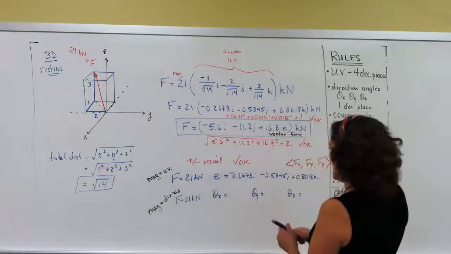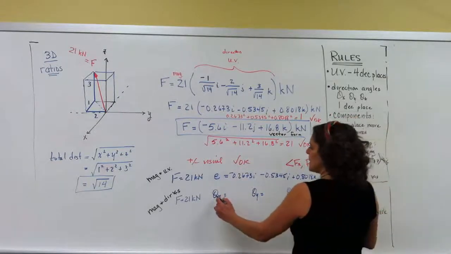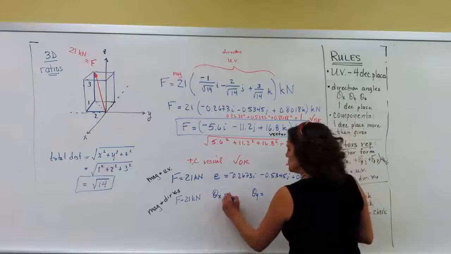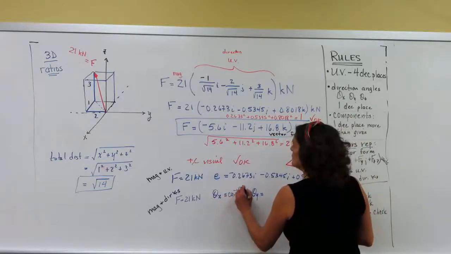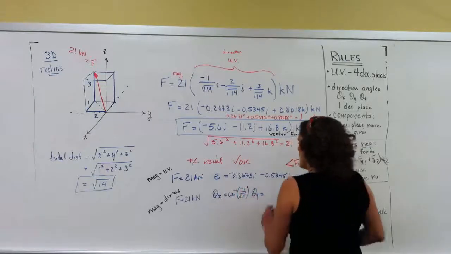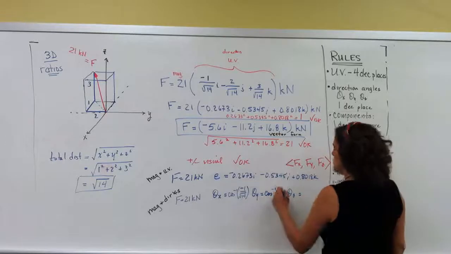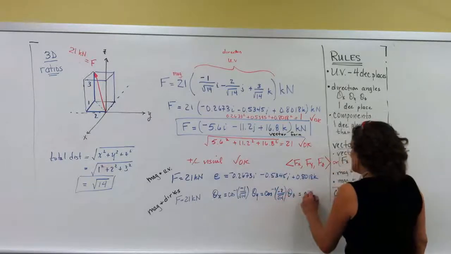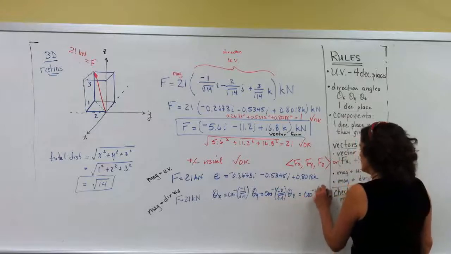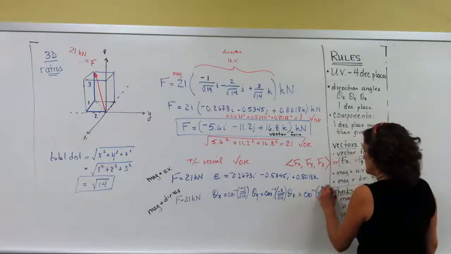So let's do it in 2 different ways. So the theta x is equal to the inverse cosine of 1 over radical 14. We'll do the same thing here. Inverse cosine of negative 2 over radical 14, and the inverse cosine of 3 over radical 14.